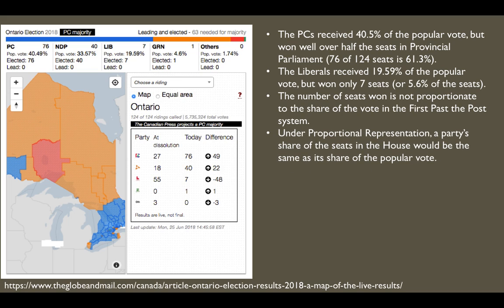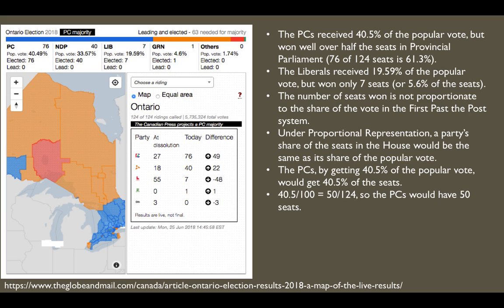Under proportional representation, a party's share of the seats in the House would be the same as its share of the popular vote. So the PCs, by virtue of getting 40.5% of the popular vote, would get 40.5% of the seats, and that translates into 50 seats under proportional representation.